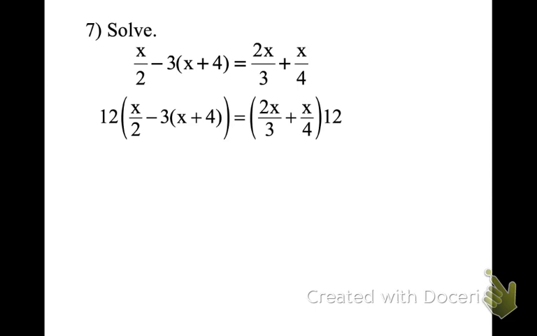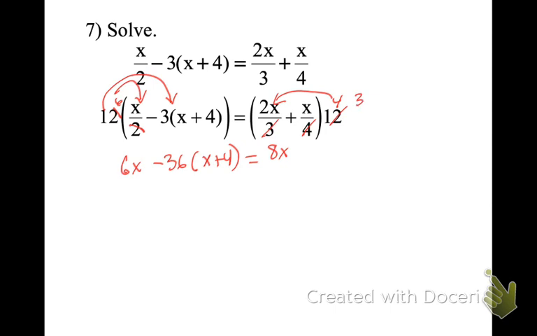So when I distribute here, I get a 6x, right? This cancels, I get 6x. When I distribute 12 here, I get minus 36 times x plus 4 equals, when I go here, we're going to get a 4 times 2x is 8x. When I distribute here, I get a 3 times x plus 3x.